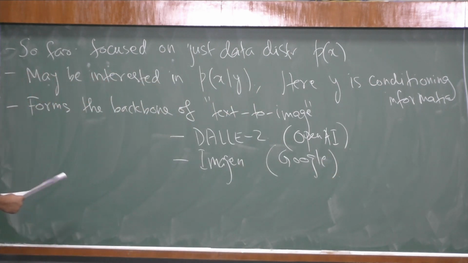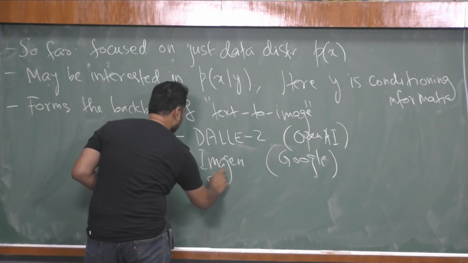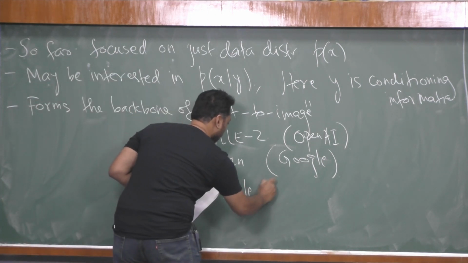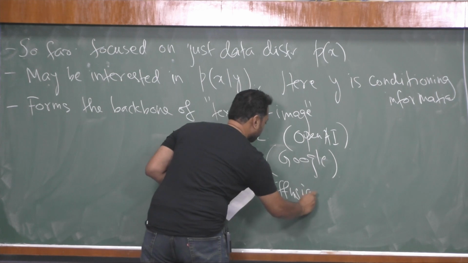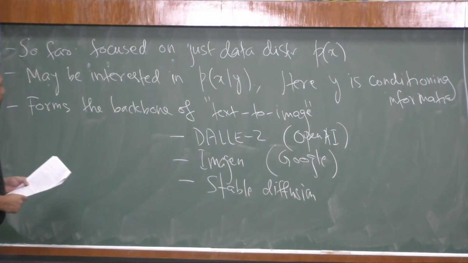These are the prominent text to image models, but there are also open source ones like Stable Diffusion. These are essentially demonstrations of diffusion based models where we input text and then generate some conditional image based on the text.